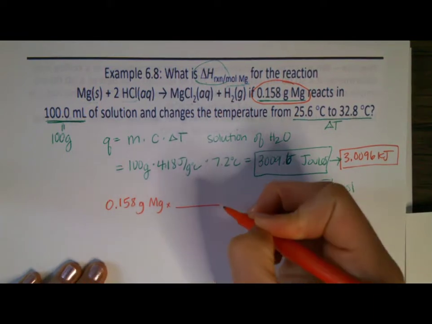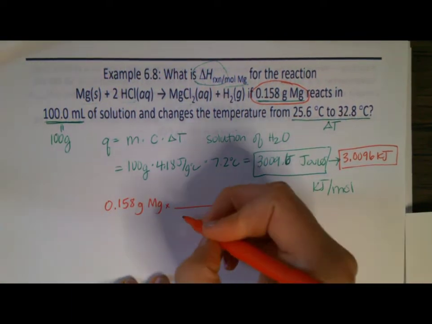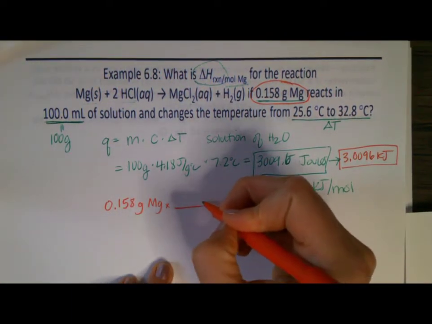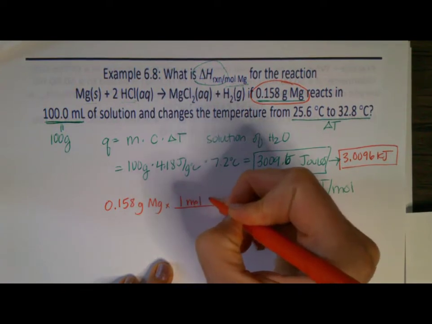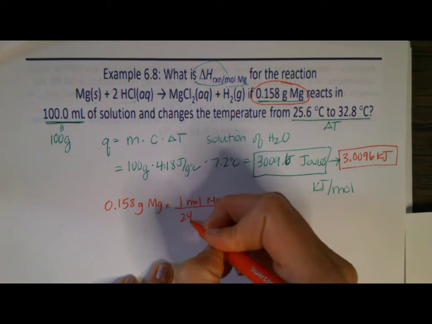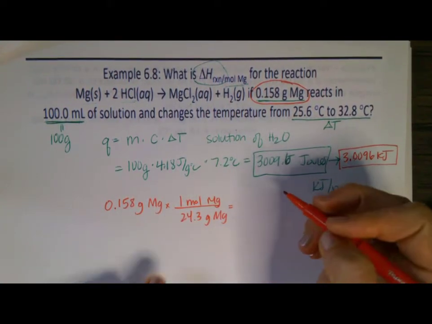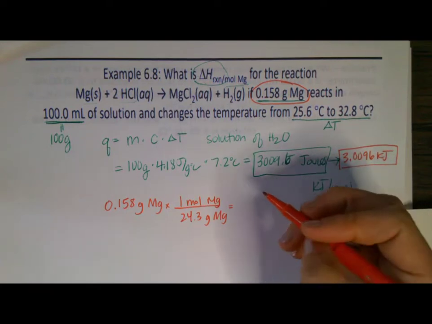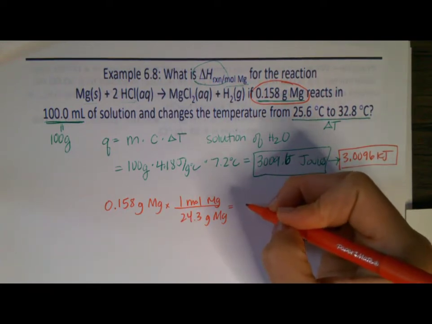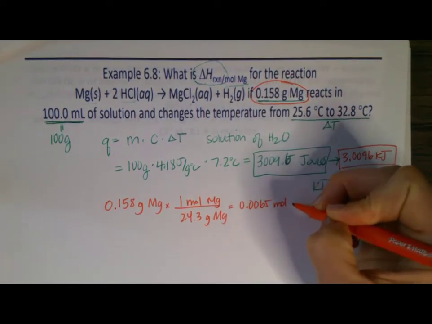And we're just going to look at the periodic table and look up magnesium's molar mass. And we will see that for every 1 mole of magnesium, there is 24.3 grams of magnesium. That's its molar mass. So when I do that math, I'm going to get 0.0065 moles of magnesium.